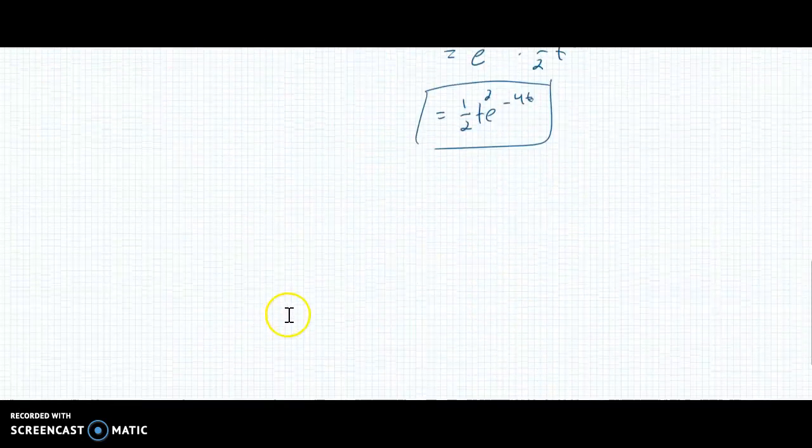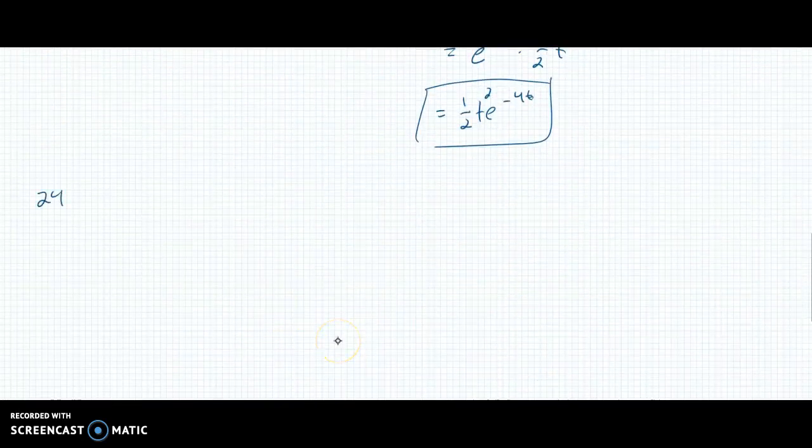Let's do 24 over s plus 3 to the 5th. That's a 5, not an s. What does that inverse Laplace to? Well, first thing we want to do is look at 24 over something to the 5th.